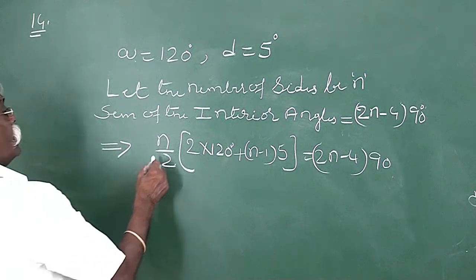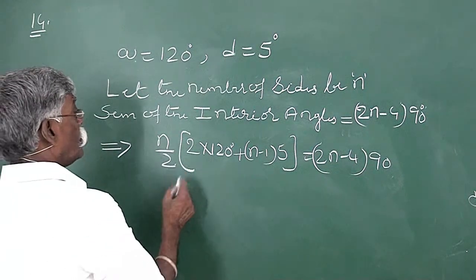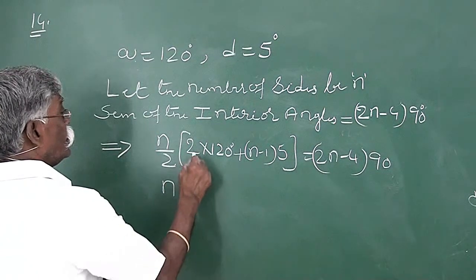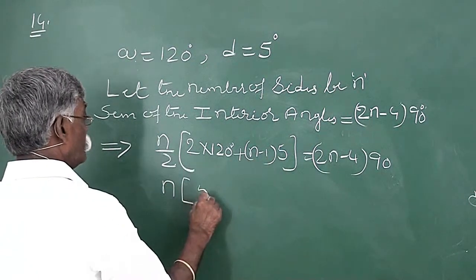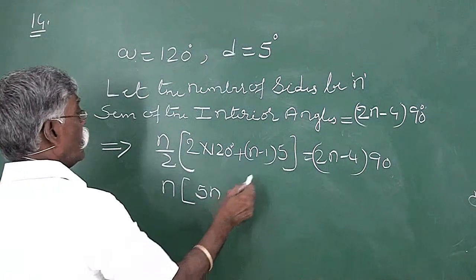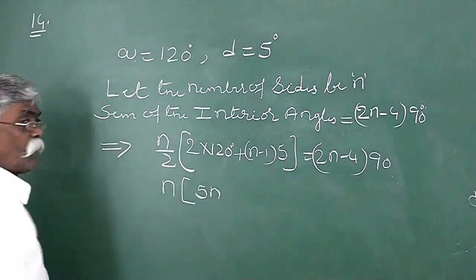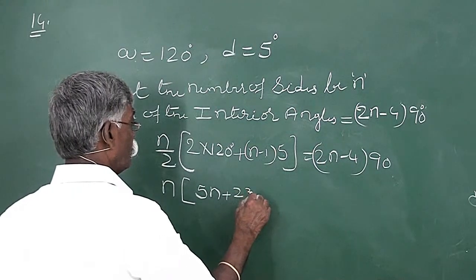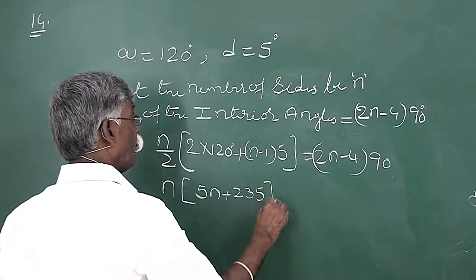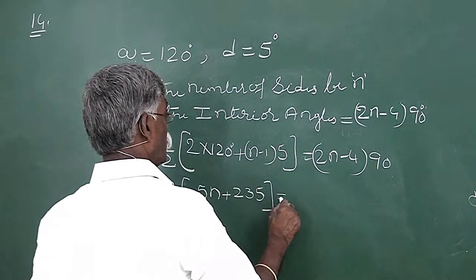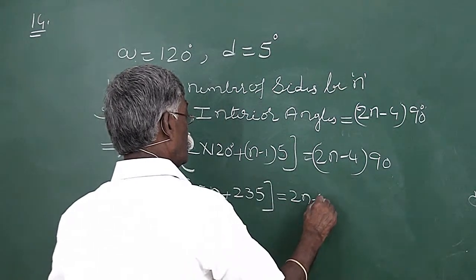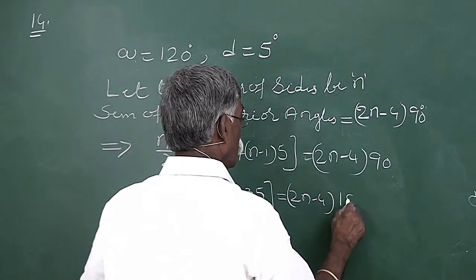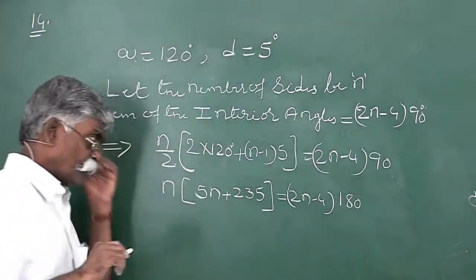So this is n into 5n, and this is minus 5 and this is plus 240, therefore plus 235, is equal to 2n minus 4, and 2 comes this side, it becomes 180.